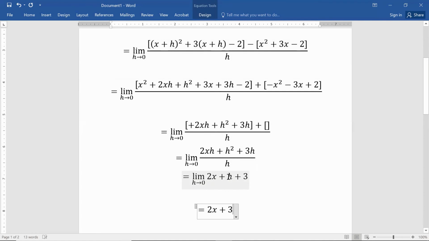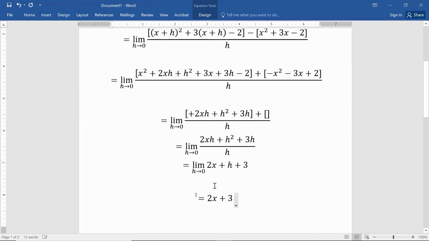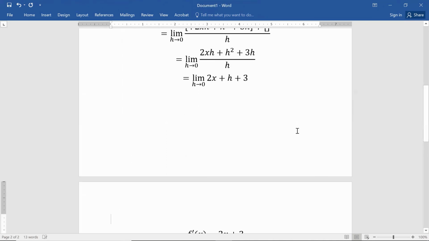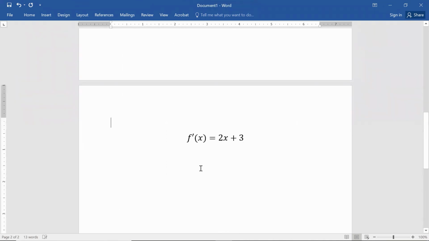So we just treat x as an arbitrary number, and we do our simplification over and over until you can finally plug in h of 0. Be careful here because we're plugging in an h value of 0 and not an x value of 0. So what this says is that the derivative of my function is 2x plus 3.